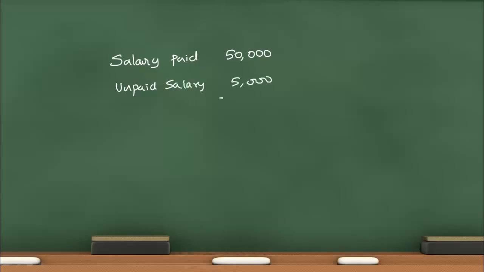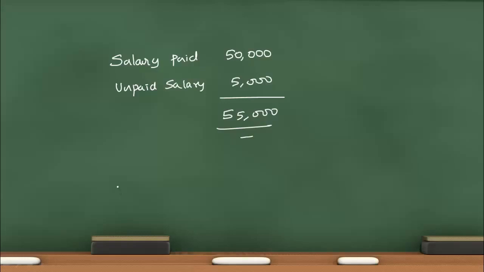So the actual salary expense for the company is 55,000. Only when the company shows this entire 55,000 as salary in P&L will it reflect a true and fair view. Otherwise, it will not reflect the true and fair view.